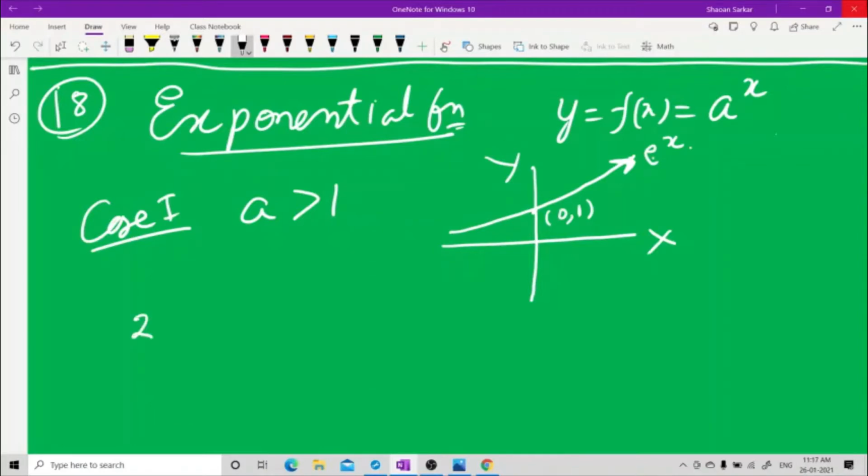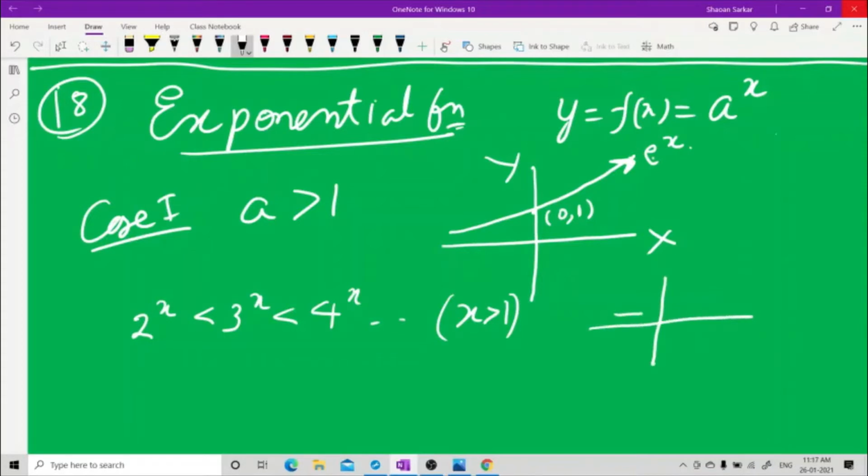2 to the power of x is less than 3 to the power of x, less than 4 to the power of x, for all x greater than 1. So let me draw the graph for this one. Then it will be like this. See, this is the graph of 2 to the power of x. Now let me take a different color.